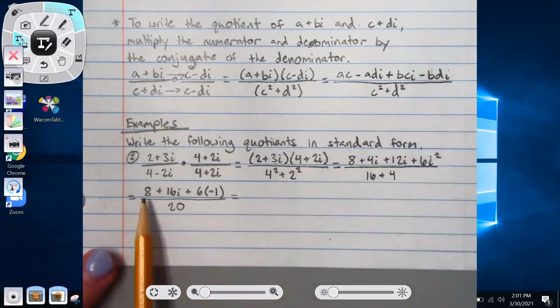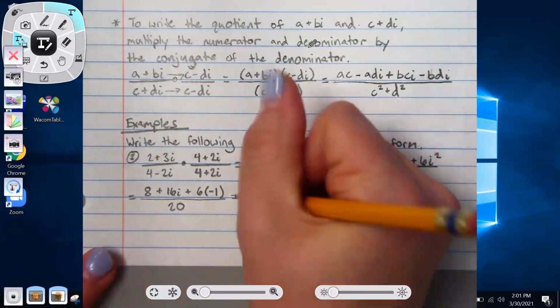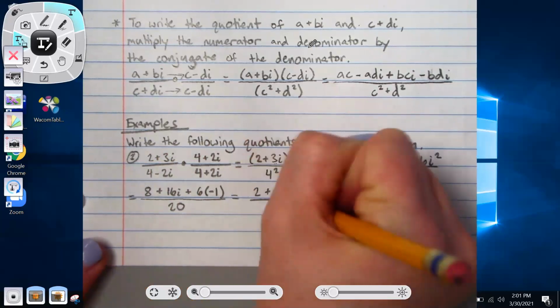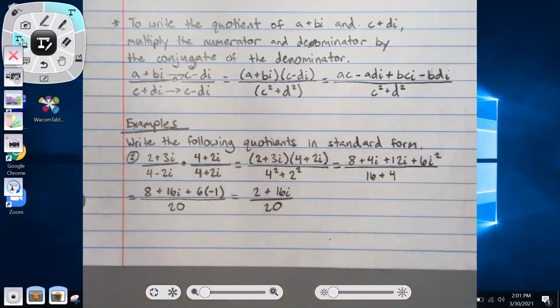In the numerator, we have 8 plus 6 times -1. 6 times -1 is -6. So 8 minus 6 is 2. So we have 2 plus 16i over 20.